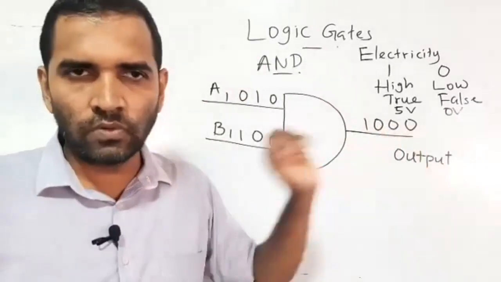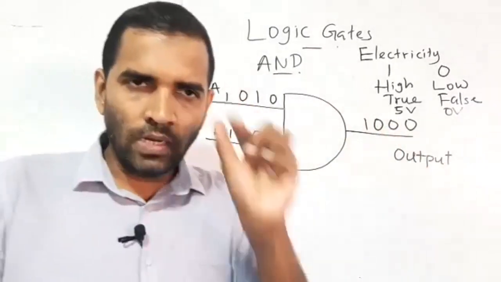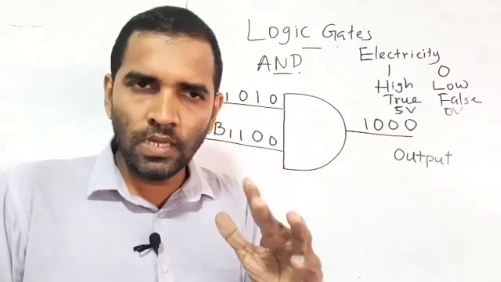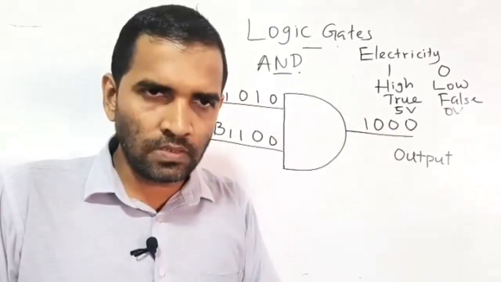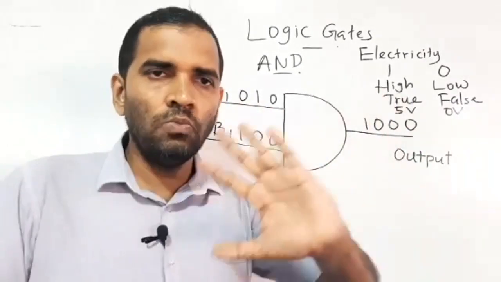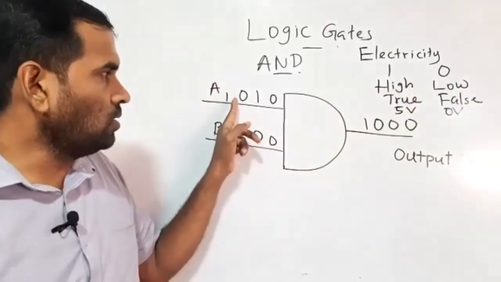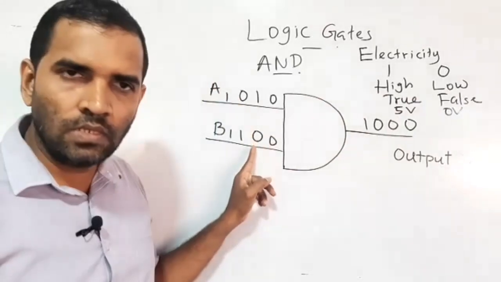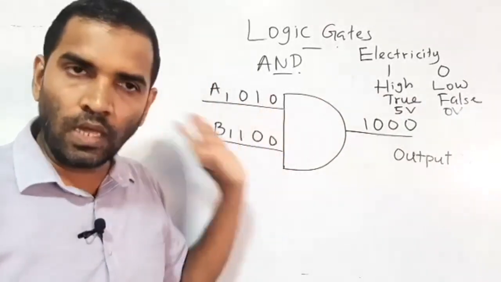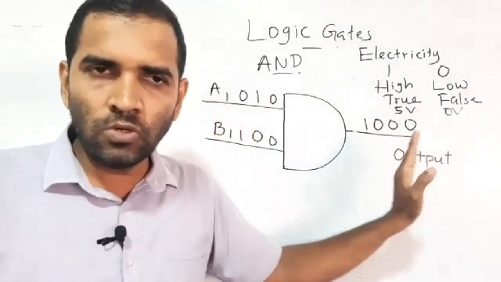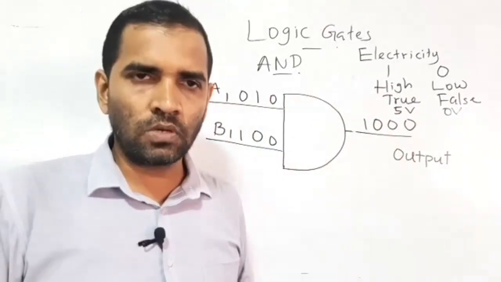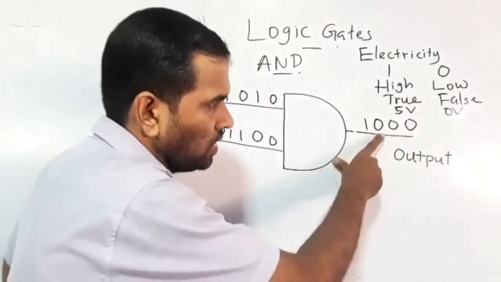Look at the second, third, fourth. When one of the inputs of AND gate doesn't have electricity, the output doesn't have electricity. I repeat it. When one of the inputs doesn't have electricity in AND gate, there will not be any electricity as output. Look at the second one.